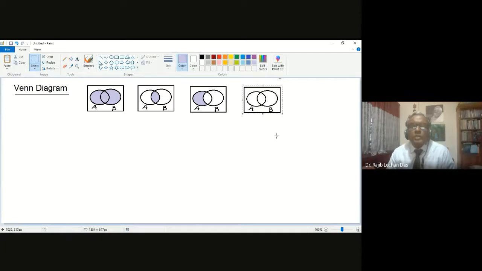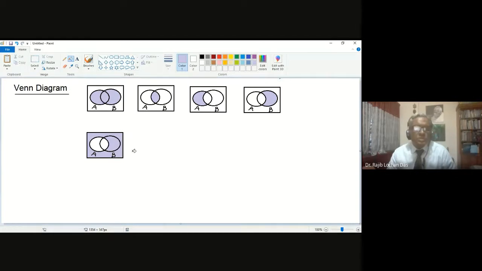What will be this area? B minus A. What will be the expression for this?